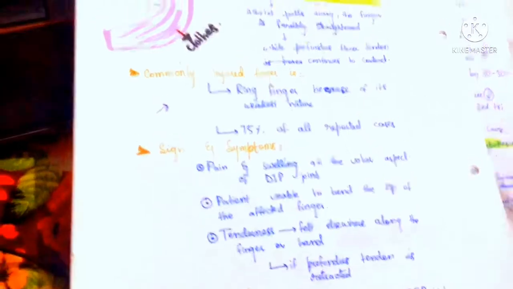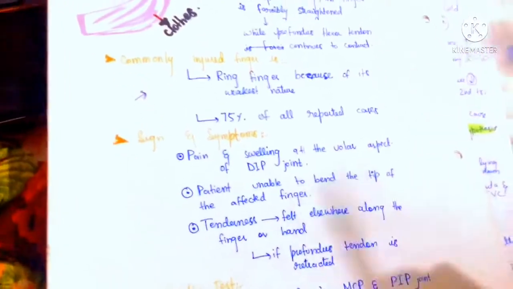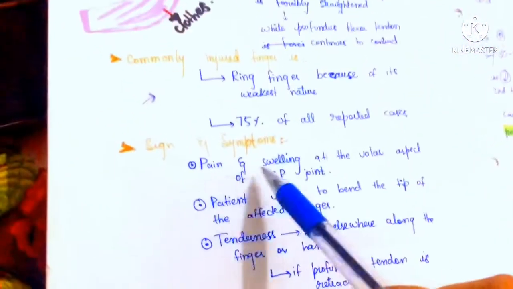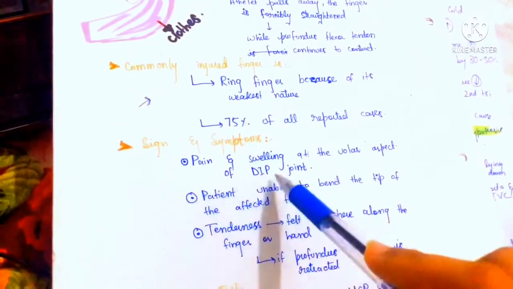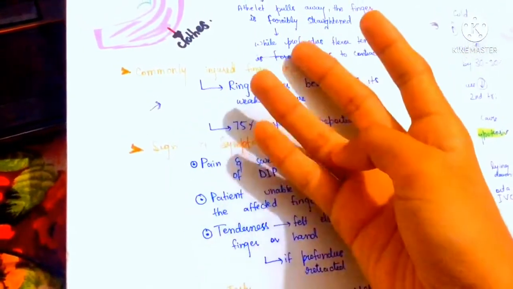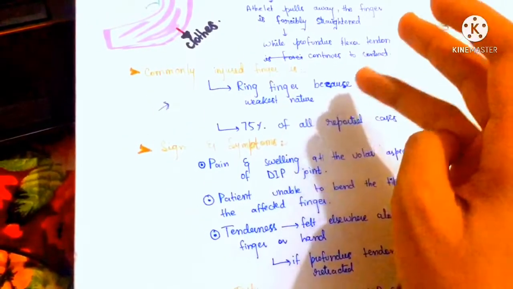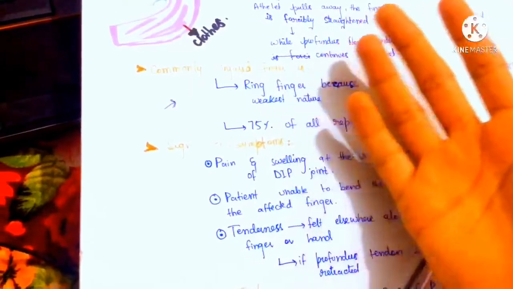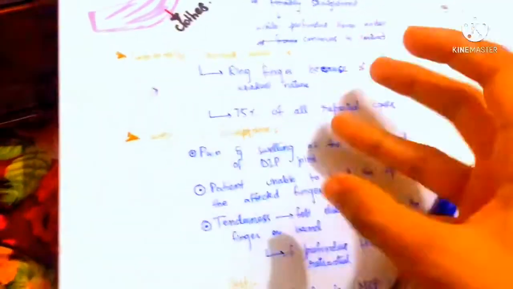Now next are the signs and symptoms of the jersey finger. There is pain and swelling at the volar aspect of the DIP joint. That means pain and swelling in the ring finger on the anterior, or palmar, side at the DIP joint.